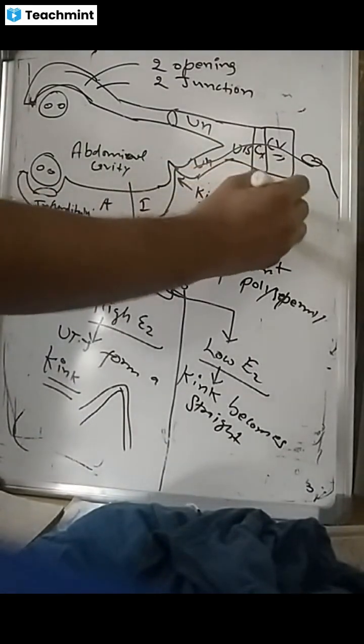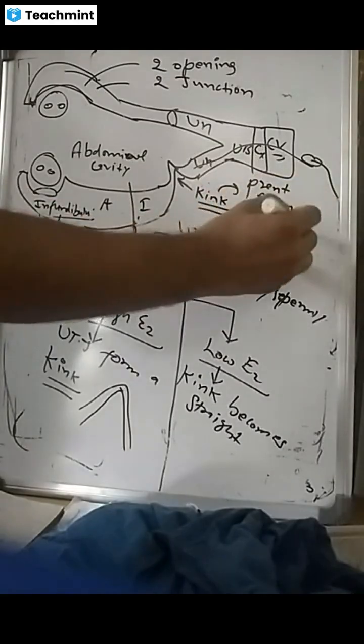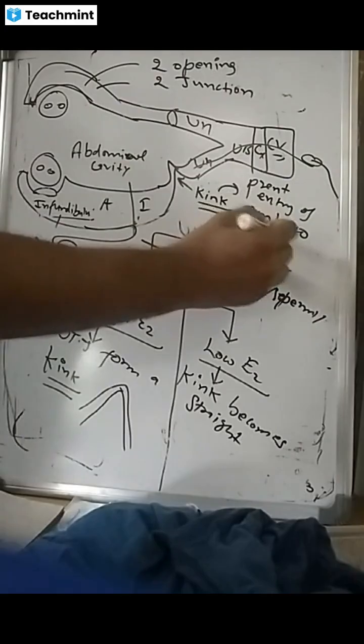At this point, this is the kink. This kink prevents entry or movement of the embryo into the uterus.